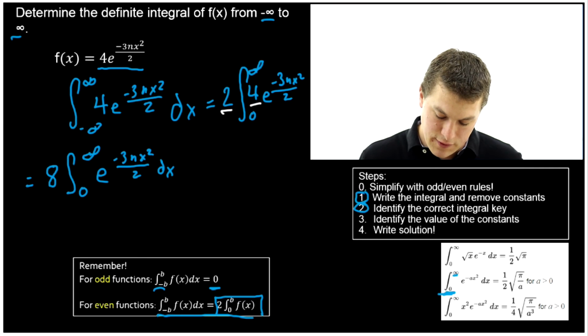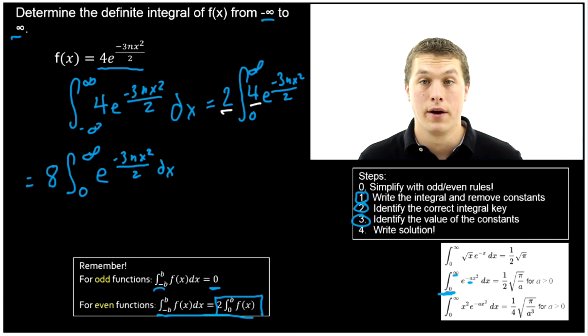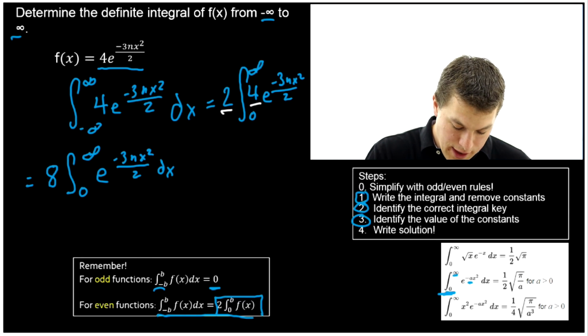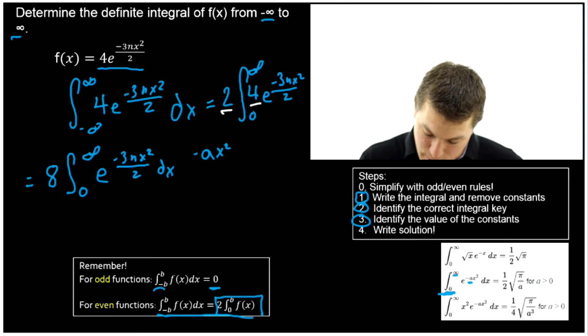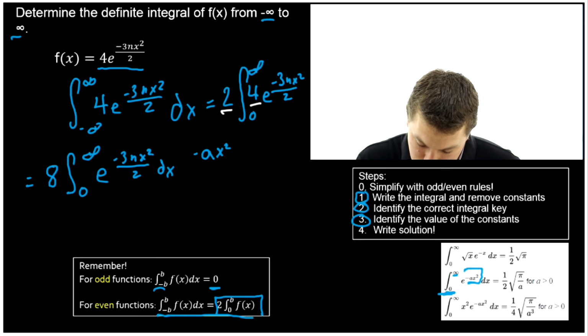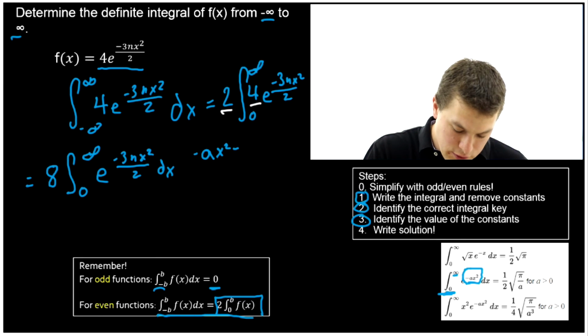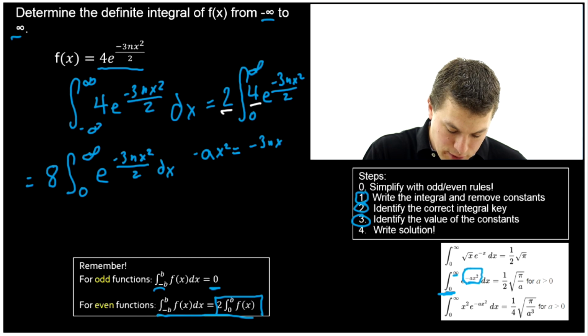We've already said we want to use the second one. And now we need to identify the constants. We want to know, what is this a in there? And this time it's really going to be a lot easier to go ahead and say, okay, a times x squared, negative ax squared, which is the argument you see right here in the exponential, must be equal to the argument we have in our exponential, negative 3nx squared over 2.